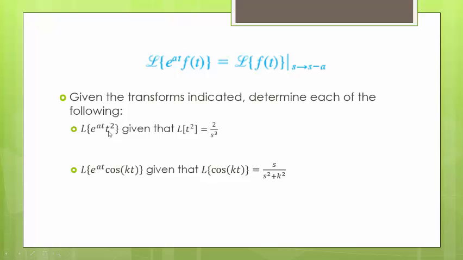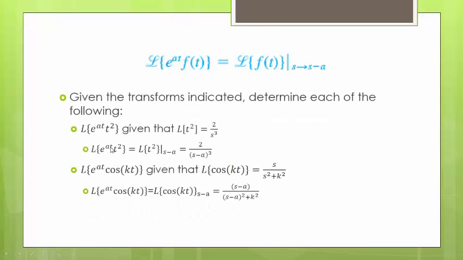Since I know the Laplace transform of t squared is 2 over s cubed, to find the complete Laplace transform, I'm simply taking the Laplace transform of t squared and substituting s minus a in for s, so that I get 2 over the quantity s minus a cubed. Similarly for the Laplace transform of the product with cosine, because I know the Laplace transform of cosine, which is given here, I will substitute s minus a for all of the s's using that composition, and this is what we noticed from our warm-up slide.